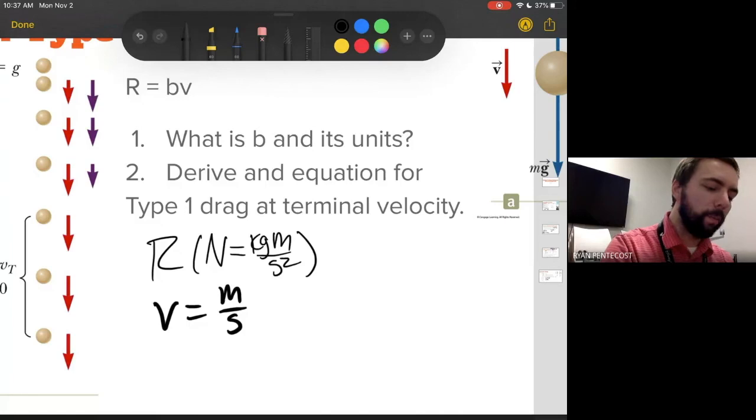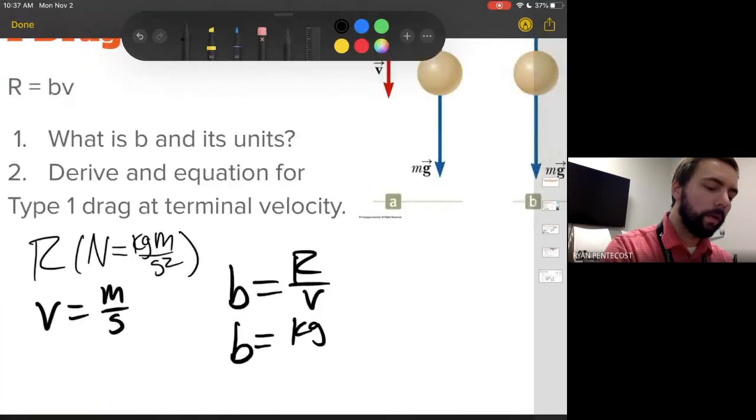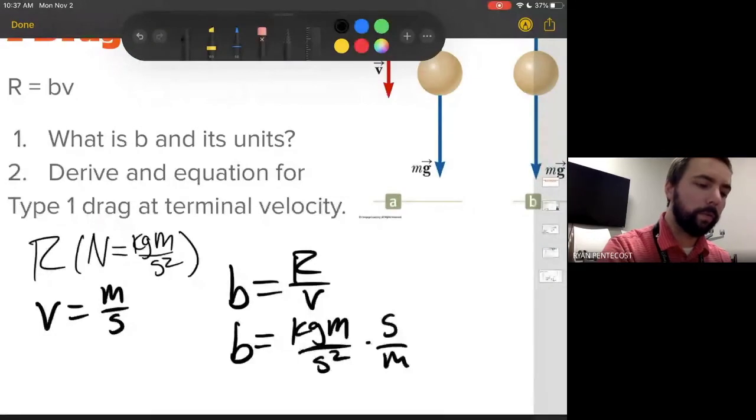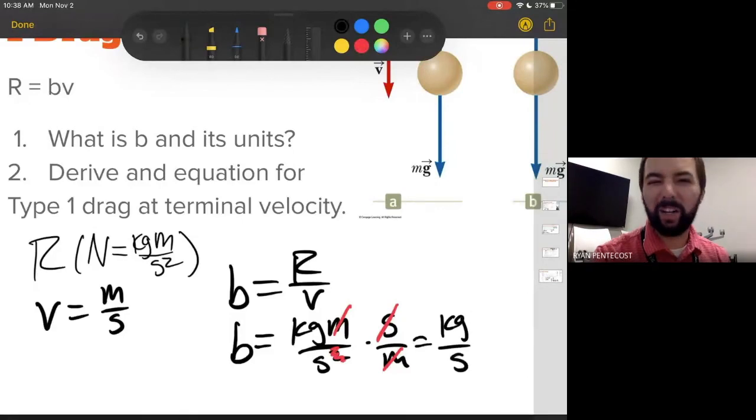Well, if we solve for b, b is R divided by v, which means that b could equal a kilogram meter per second squared, divided by meters per second. Sometimes it's easier to multiply by the reciprocal to show you that you can cancel the meters and cancel one of those seconds out. So it would give you kilogram divided by second. So kilogram per second.